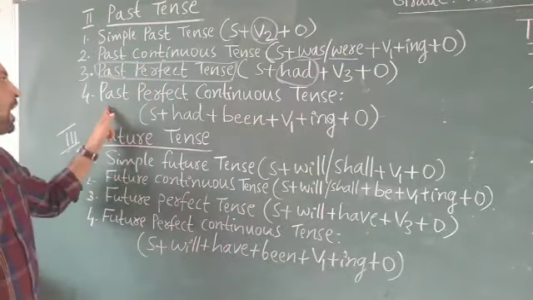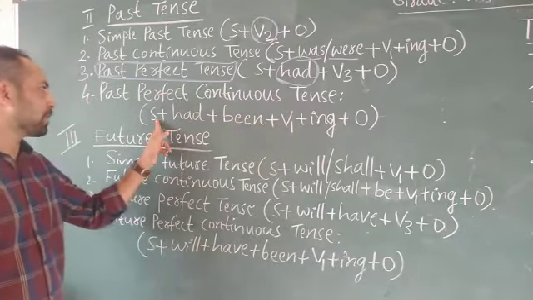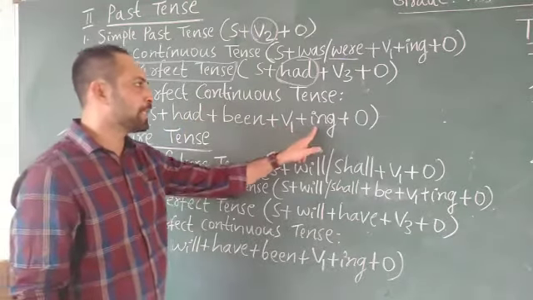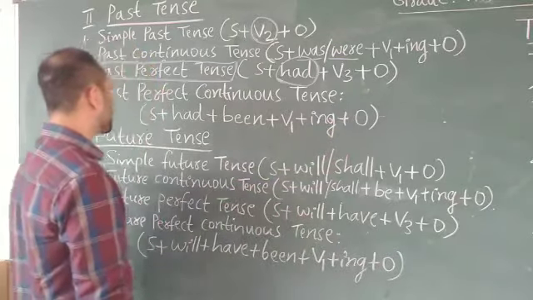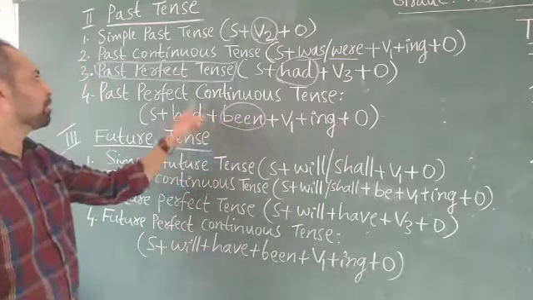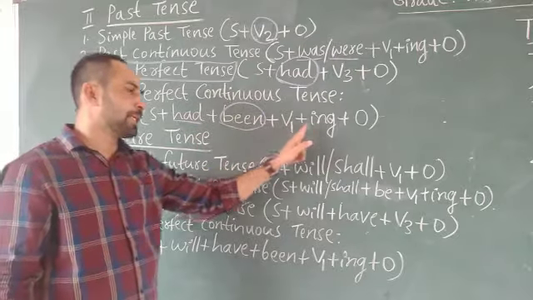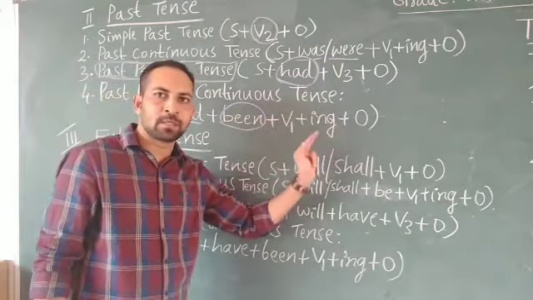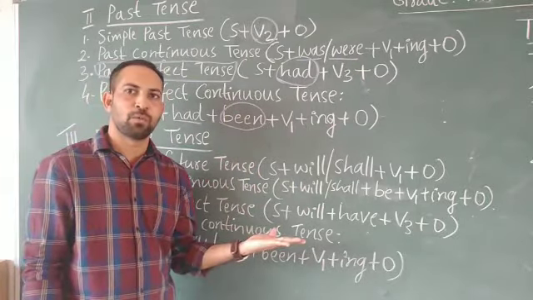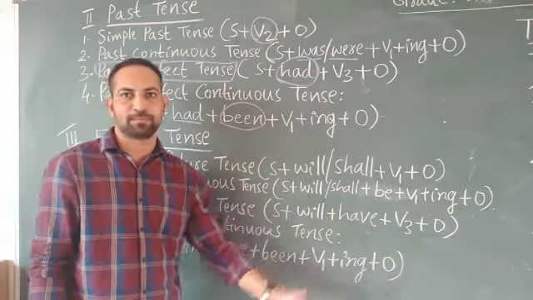Next, past perfect continuous tense. The rule is subject plus had plus been plus V1 plus ing plus object. Always remember, add been when we use perfect continuous tense. The example is, I had been studying English when my children went for playing.